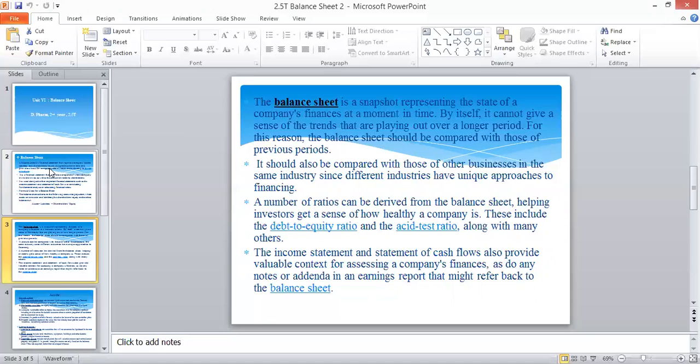The income statement and statement of cash flow also provide valuable context for assessing a company's finances, as do any notes or addenda in an earnings report that might refer back to the balance sheet.